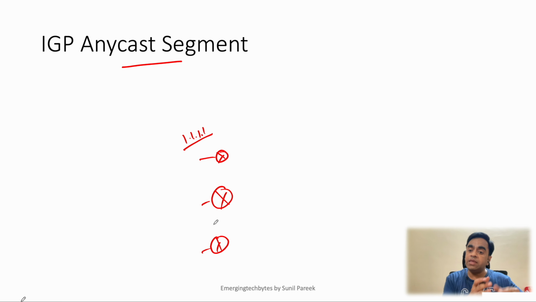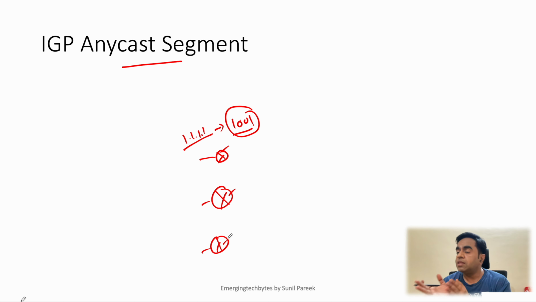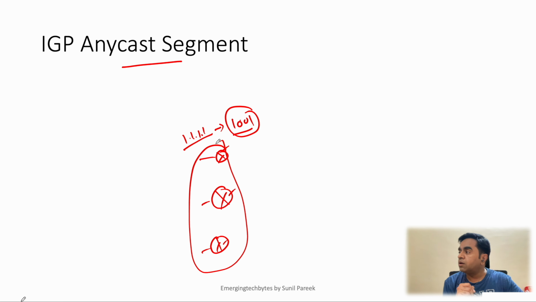Now, with the SR context that we are discussing, you allocate a SID to this prefix, which is your anycast prefix. That means 1001, this particular SID, represents all these nodes. So an anycast SID is associated with the anycast prefix. That means it represents this group of nodes that we have here.